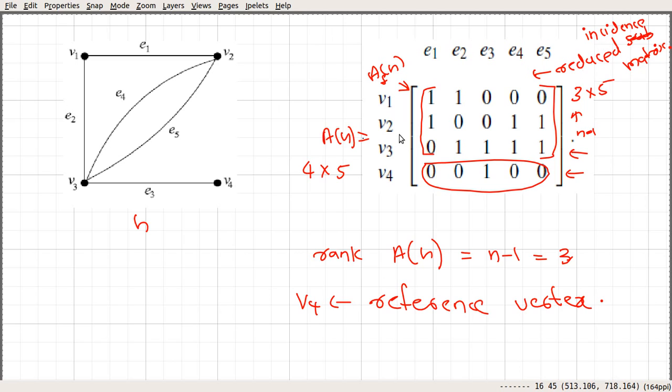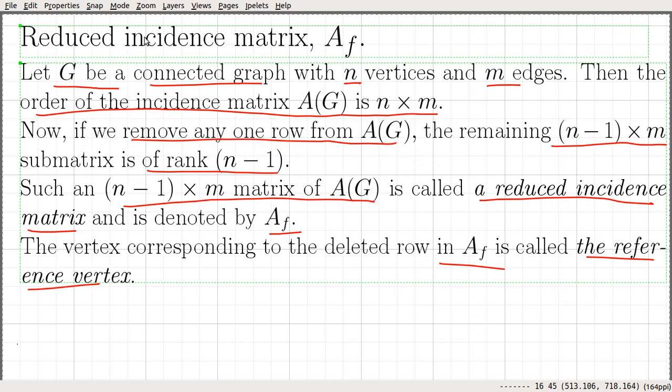And in that case, if you delete the second row, then V2 is going to be the reference vertex. Okay, so that is the definition of what is called a reduced incident matrix, and it is denoted by A sub F. Now, to get a reduced incident matrix, we take an incident matrix of a connected graph and delete any row.